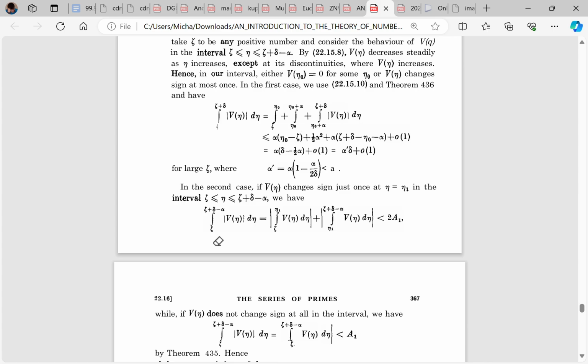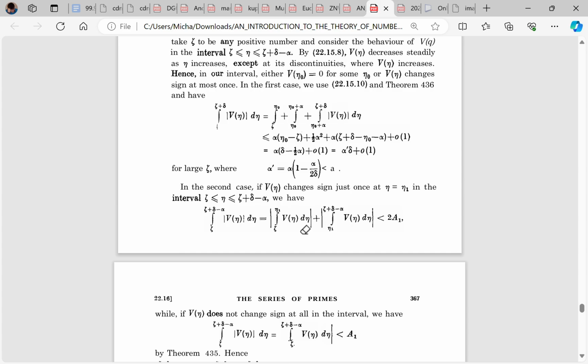But I guess you can break up the integral into the parts where it's consistently one sign. So it takes the same sign here, so the absolute value can go on the outside. And it takes another sign here, the absolute value can go on the outside.